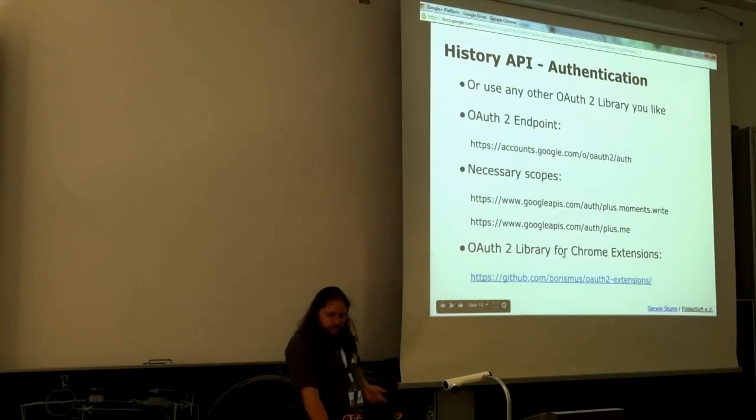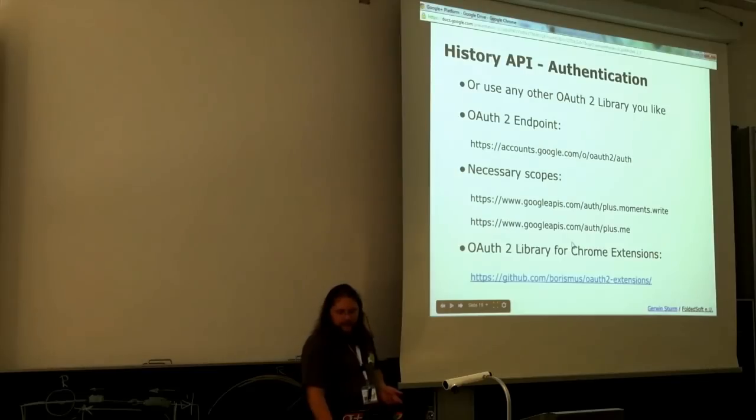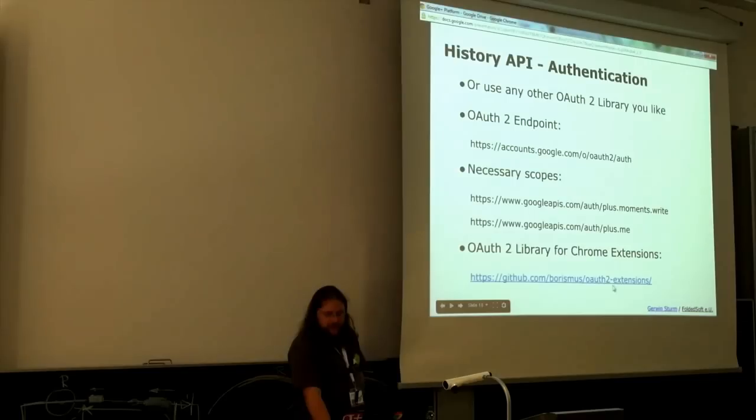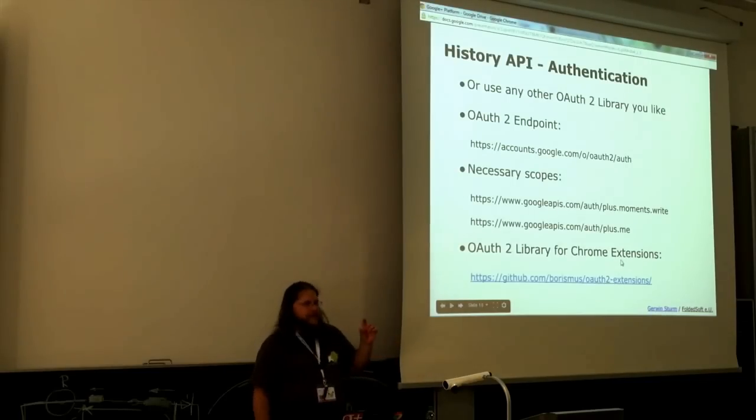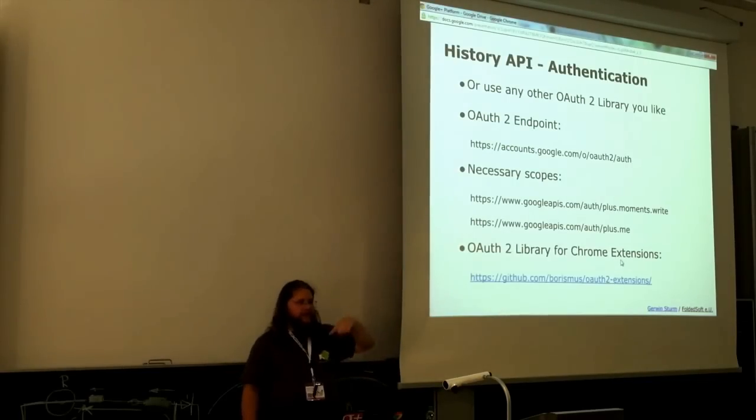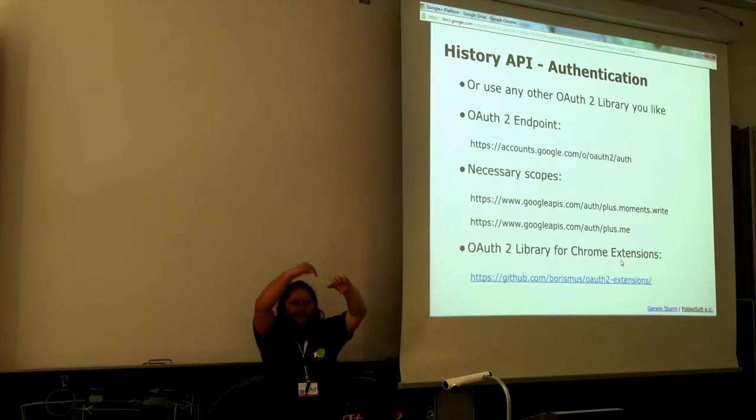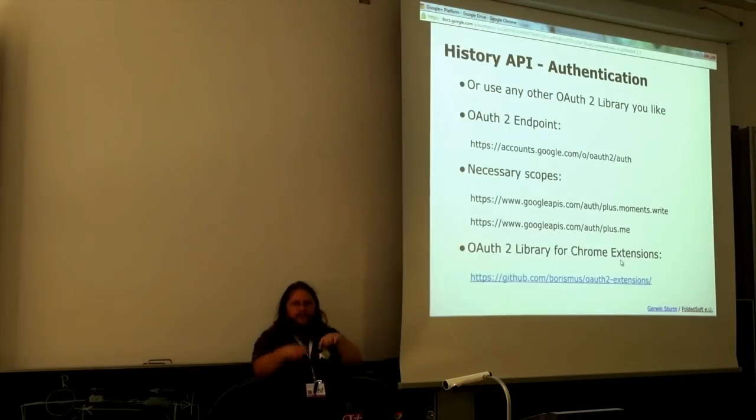And one library which I like to use in Chrome extensions is the one by Boris Mus. The problem in a Chrome extension is that the callback never gets called because it runs in the background script. So what this library does is the callback goes to another site, uses a content script to send the access token to the extension, and then you can use it.